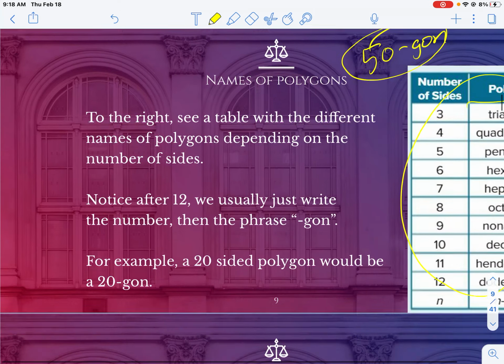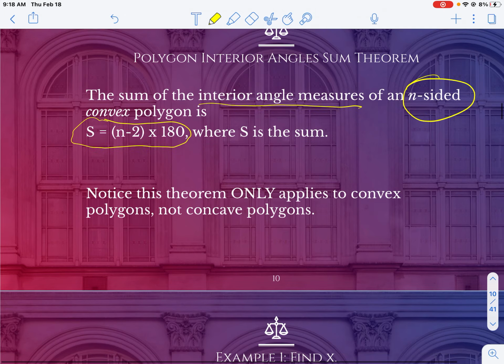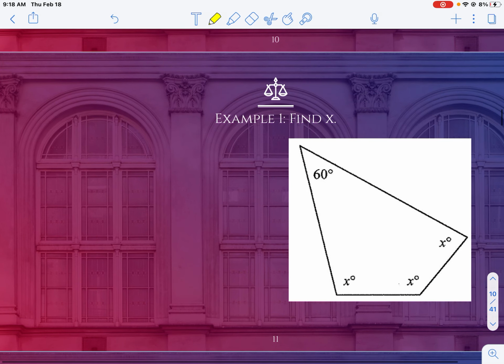So again, our goal was to find the sum of the interior angles of polygons. How does this work out in a problem where you're given a picture? Well, it works out the same way. Look at this picture over on the right. We have 60 degrees, x degrees, and x degrees, and we're trying to find x.